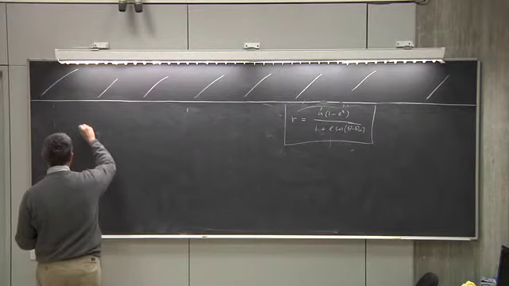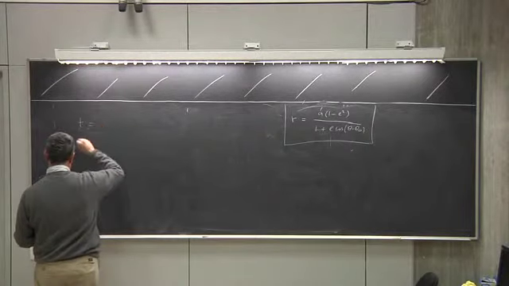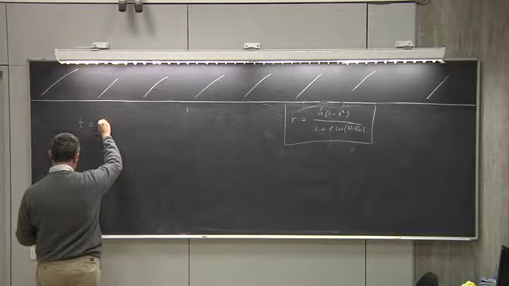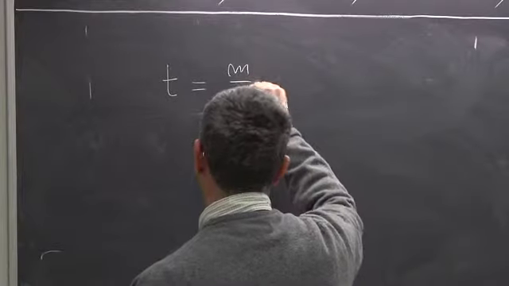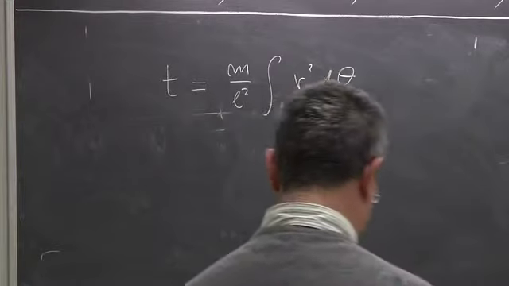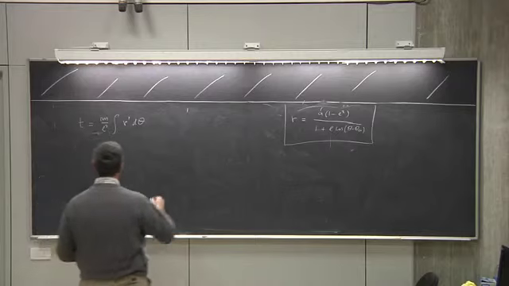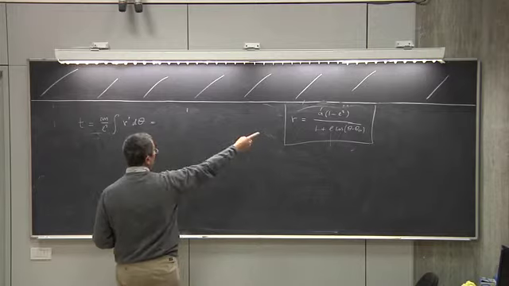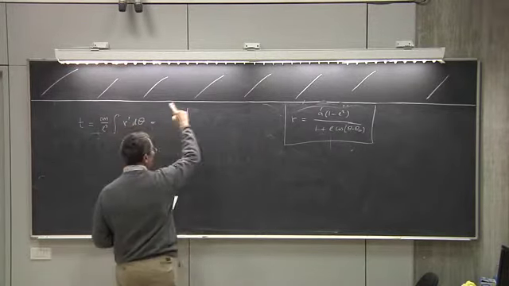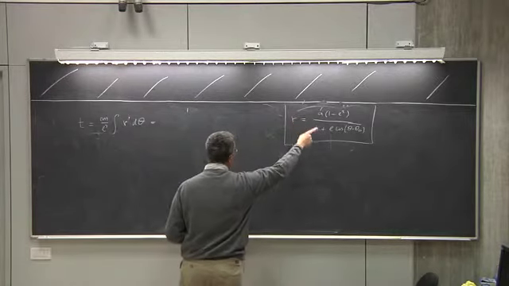So let me write, so you remember the equation for the trajectory? It was some constant that we call it like this, r squared d theta, right? Now I want to find what is the trajectory if I'm moving on the orbit that is an ellipse.